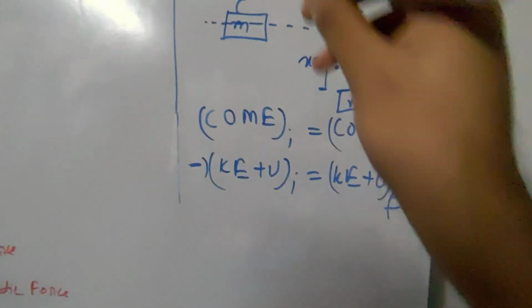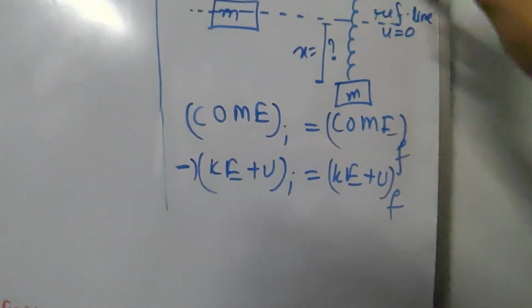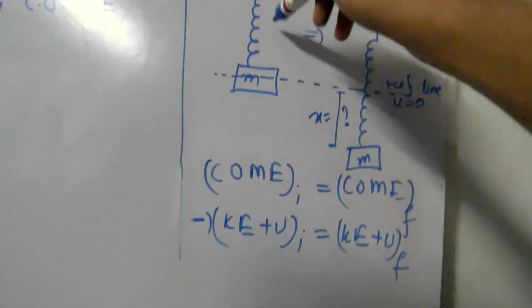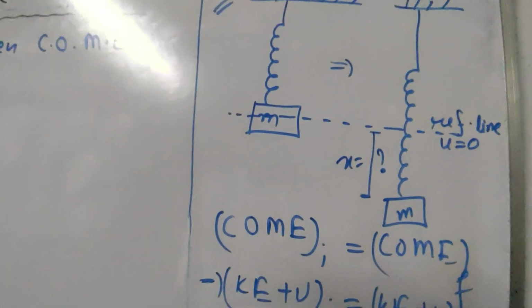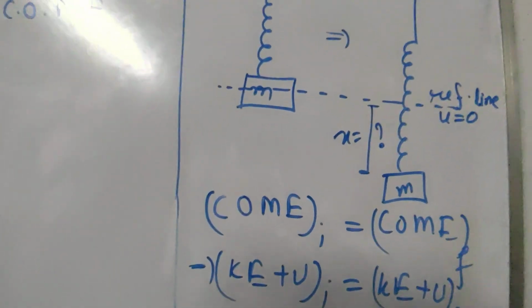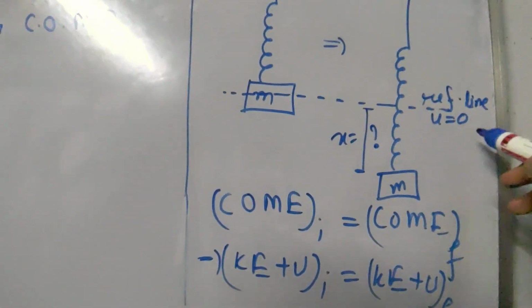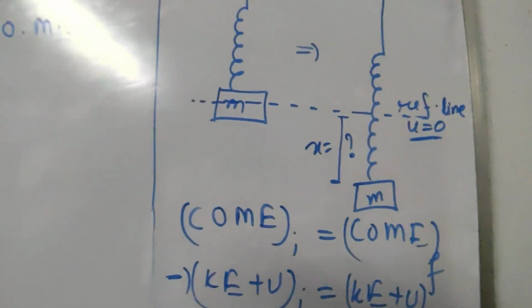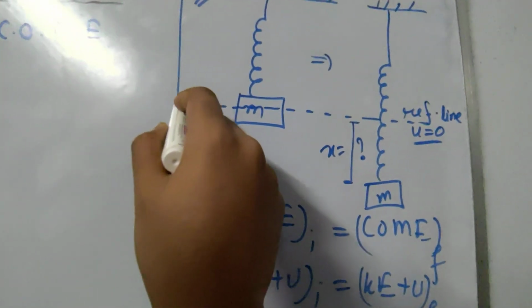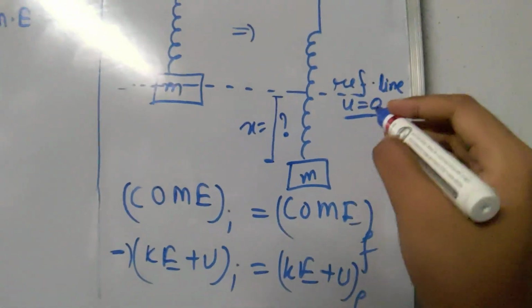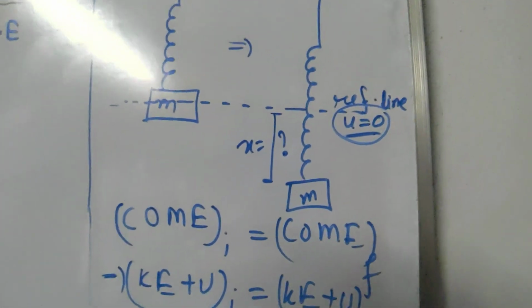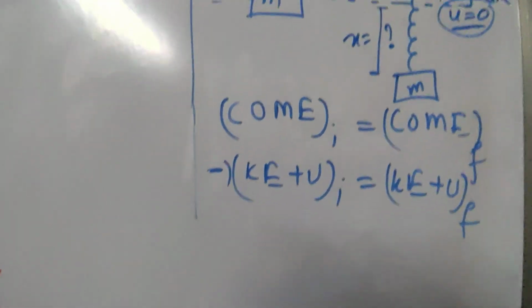Before elongation of this spring, what is the potential energy? The potential energy is 0. Why? Because I suppose this is the reference line, and we all know that at the reference line U is 0.